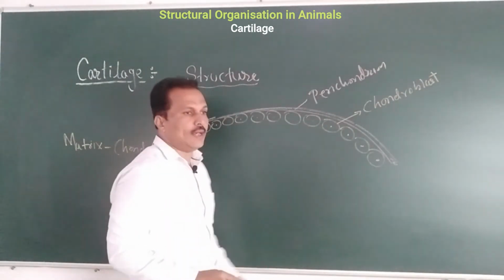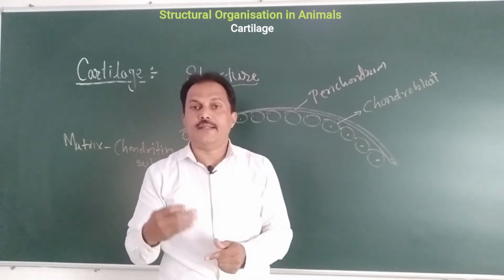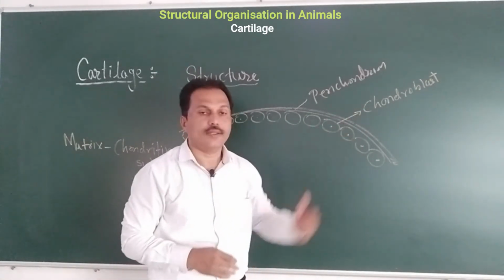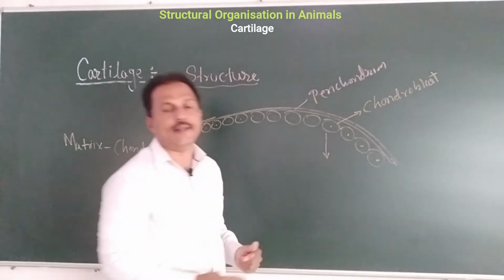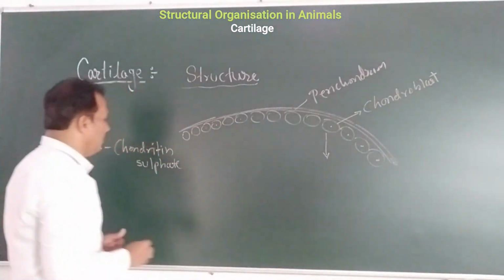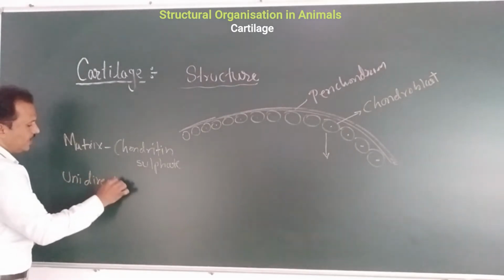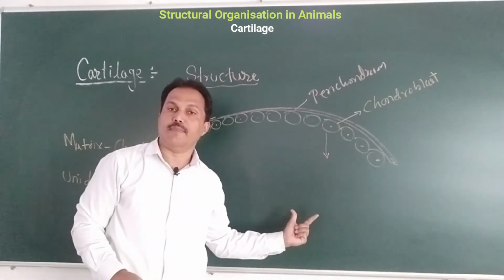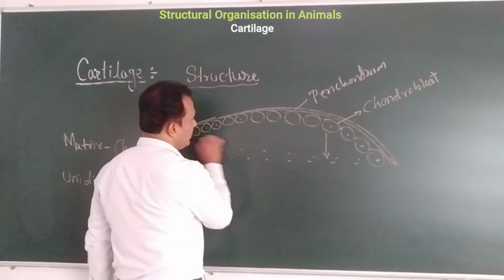And these chondroblasts, when they secrete the matrix and are surrounded by the matrix, migrate in this direction towards the inner side, and this migration of chondroblast is unidirectional. Migration of chondroblast is in one direction only, from the outer perichondrial layer towards the inner side, and during migration it will secrete the matrix.